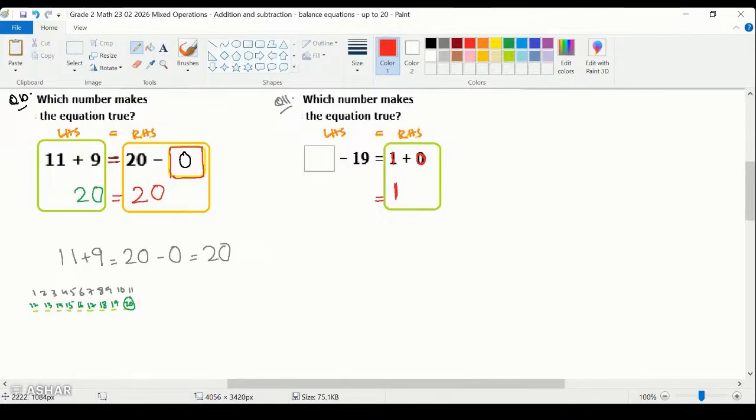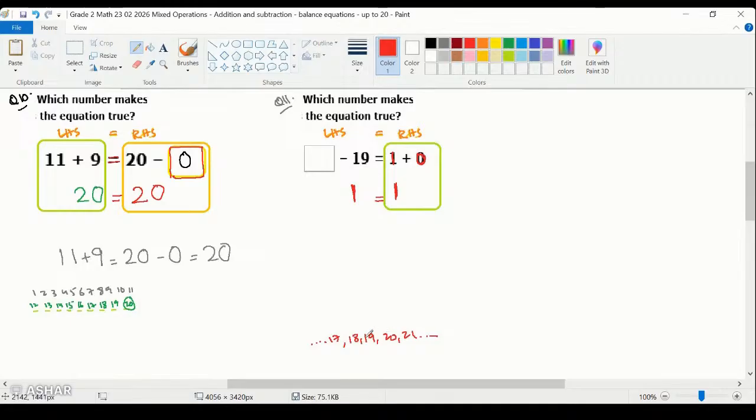So what about the other side? Which number minus 19 will give us the answer as 1? That means 1 greater. See, if I write the numbers 17, 18, 19, 20, 21, and so on, right? This is a sequence of numbers.